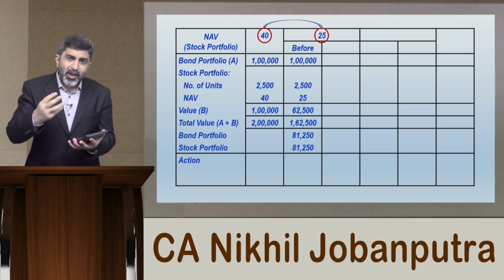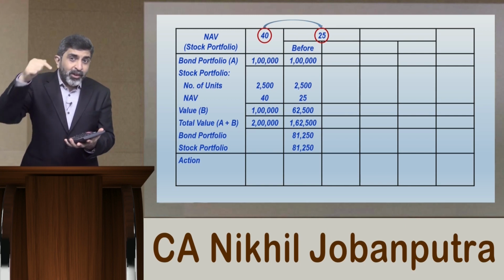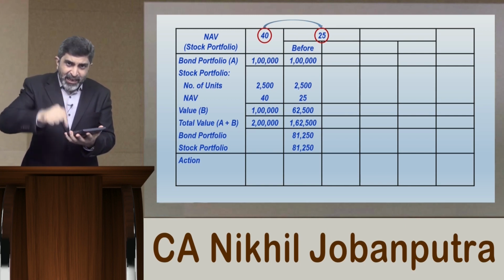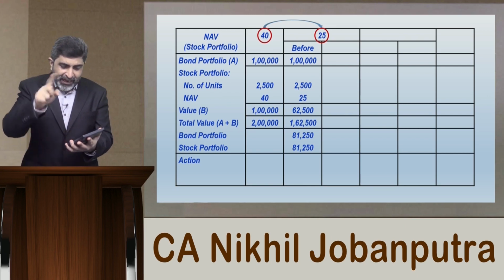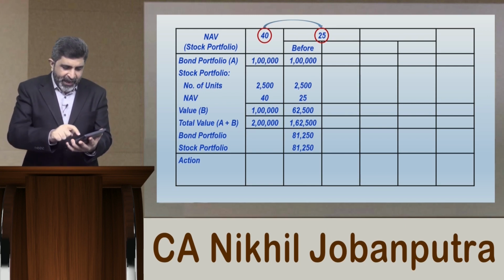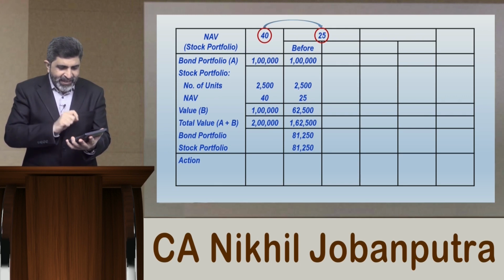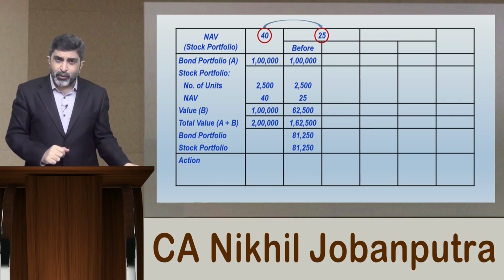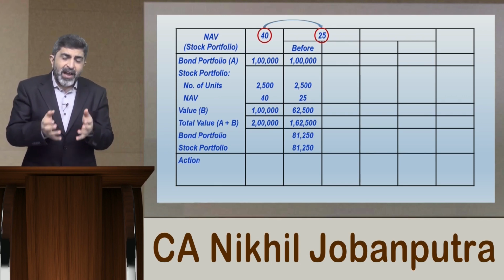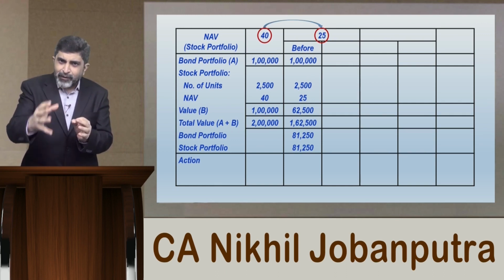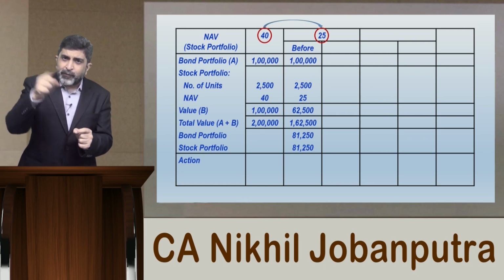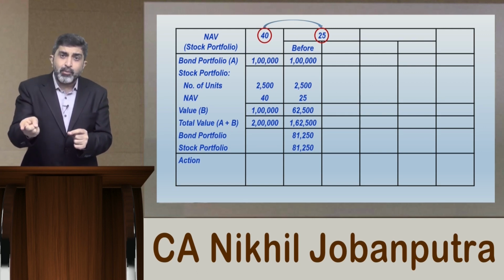The question is how many units I should buy. Now the revised NAV at today's date is 25 per unit, correct? So I divide 18,750 by 25, and what I get is 750 units. So I am going to sell bonds worth rupees 18,750 and that money I will shift into the equity oriented mutual funds.